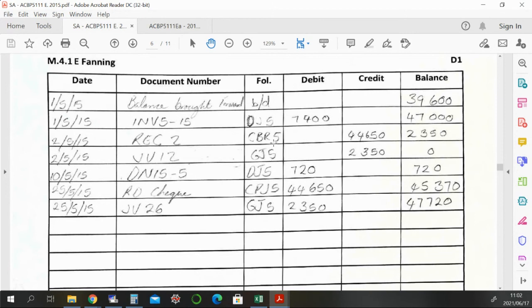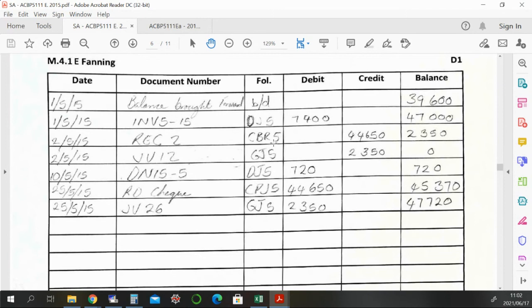So there you can see they told us debit note, DN15-5. So we plug that in. It's such a copy and paste job. It's only here where you start to need to use logic. Folio, the amount obviously is going to increase what is owed, so we're going to debit that, and then we have our balance of 720.